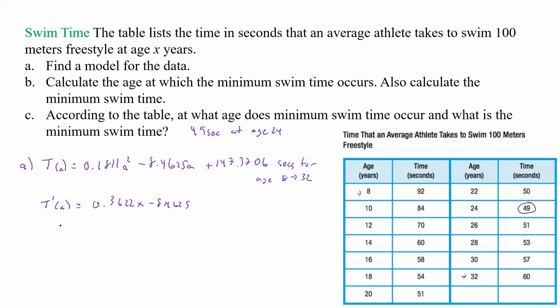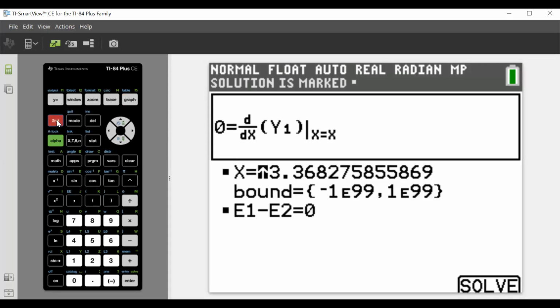So A equals 23.368275, that's going to be our age. And so that's in years. Now 0.368275, what does that equal? Well, let's see if we can come back over here, and we'll go 0.368275 times 12.